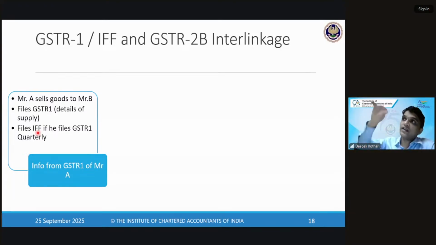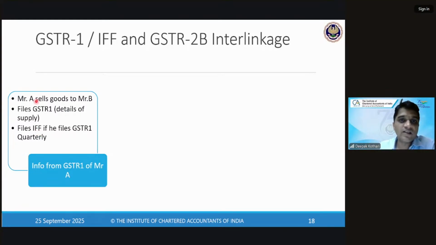But a person who's filing on a quarterly basis files GSTR1 quarterly, while for receivers who need the credit, such invoices you upload on this facility called the invoice furnishing facility. You will raise an invoice also, and those invoices you will upload in the IFF.